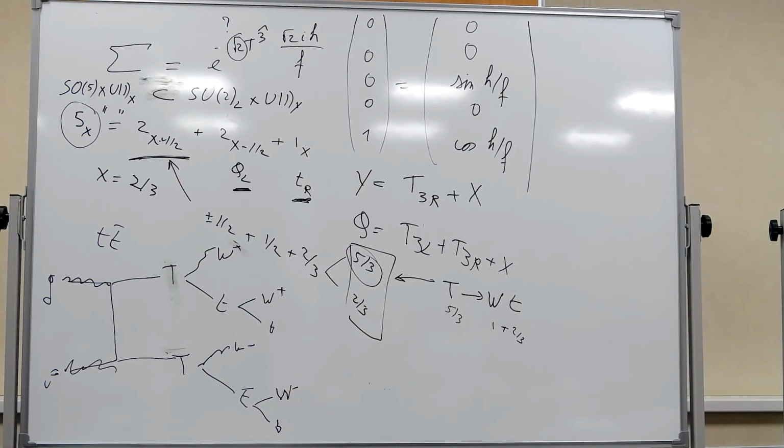The claim is that if the H coupling deviates from the standard model prediction, then you end up with a log contribution to the one-loop correction to this propagator.